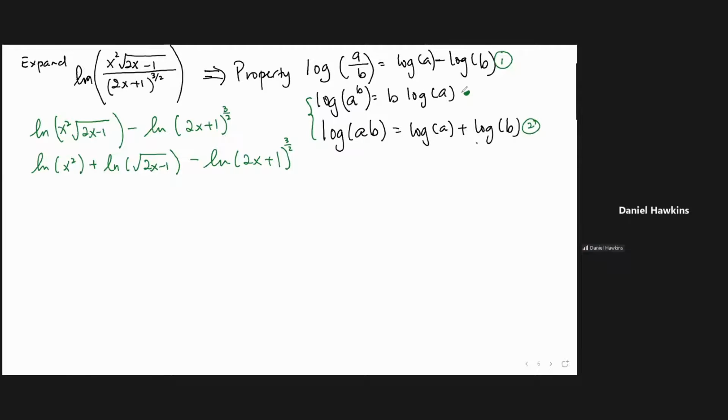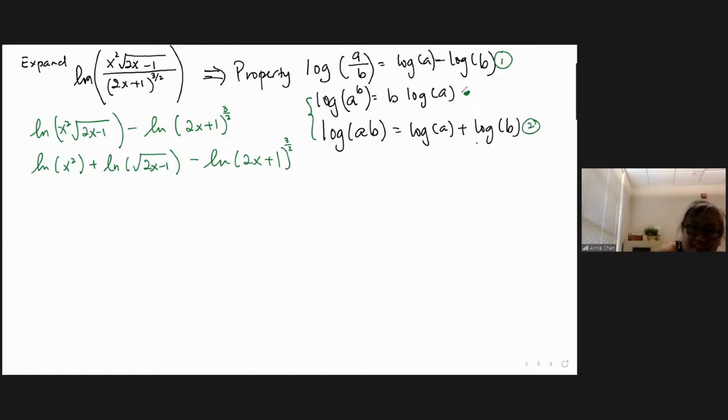Would we want to make 2x minus 1 with the exponent of half? Yes. Cancel the square root. You see this one here? This is another exponent disguised as the square root, right? So I will rewrite this one as natural log of x squared.